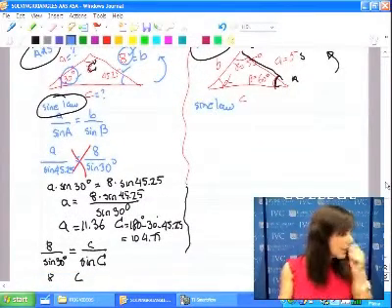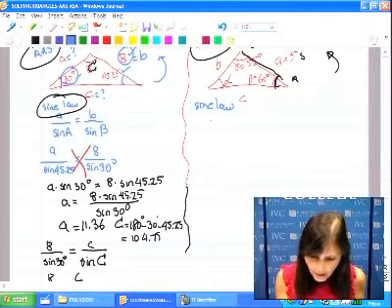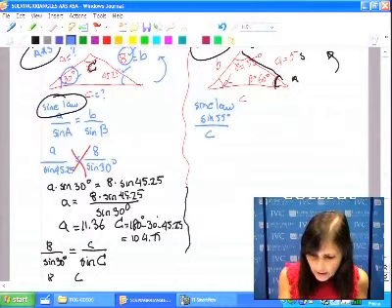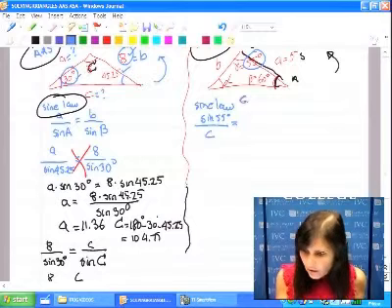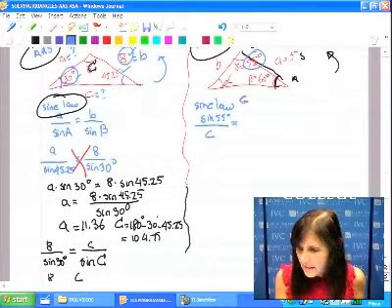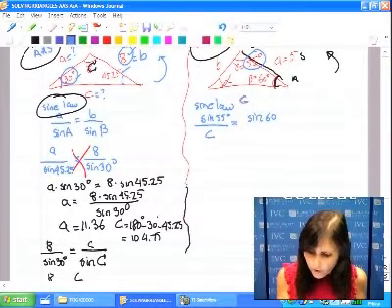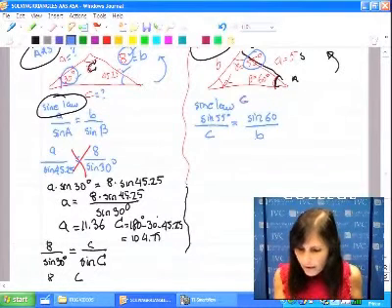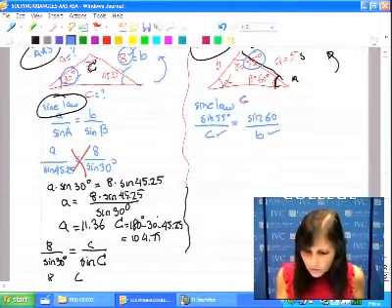So let's write all this down. Sine of 55 degrees over C is going to be sine of 60 over B. But I don't know B and C. That's not a good couple to use.